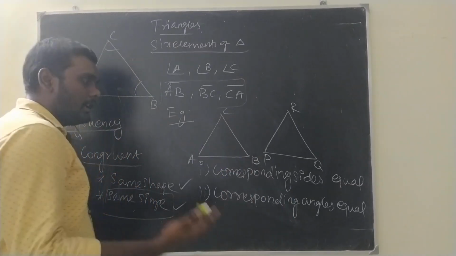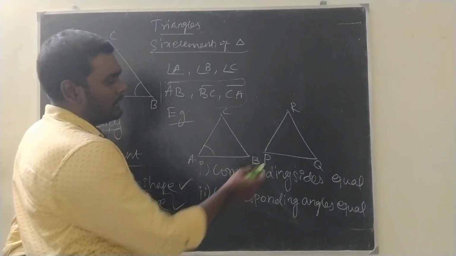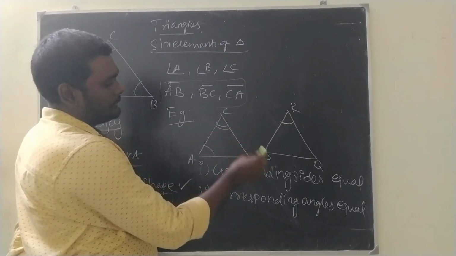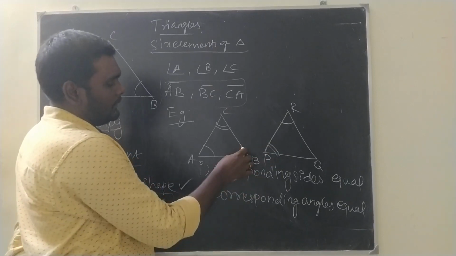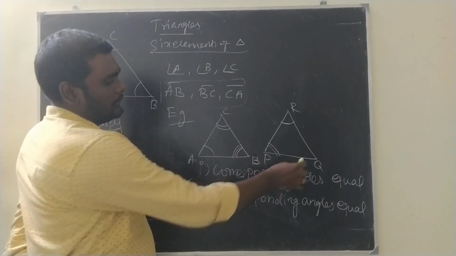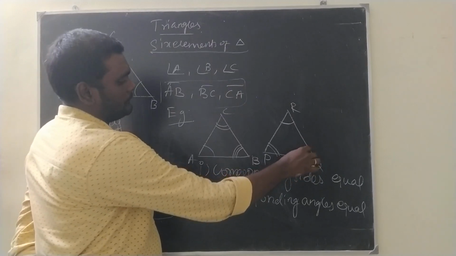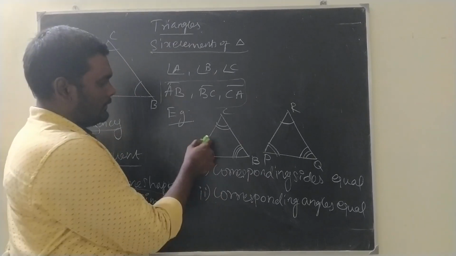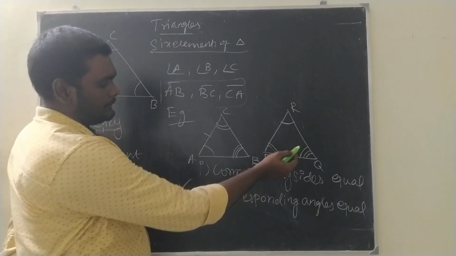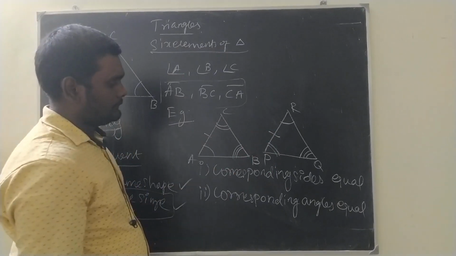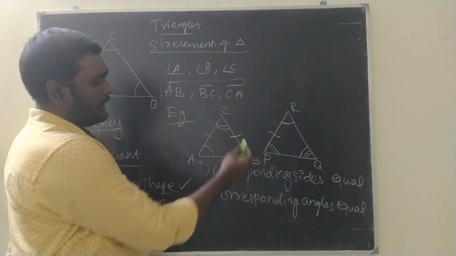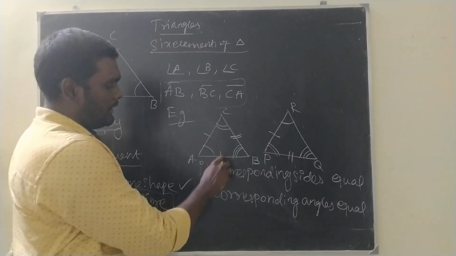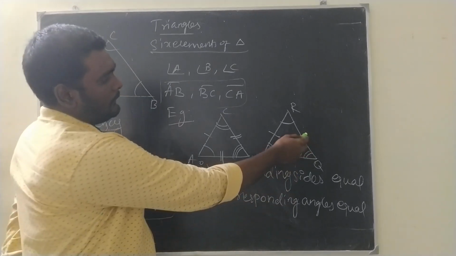Suppose we find that angle A is equal to angle R, angle C is equal to angle P, and angle B is equal to angle Q. Also, the side AC is equal to PR, the side BC is equal to PQ, and the side AB is equal to QR.